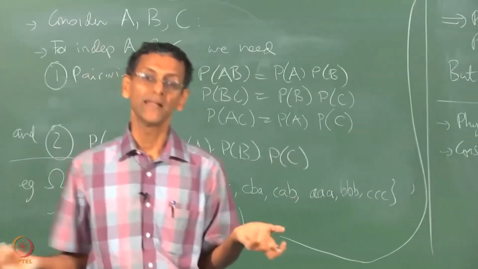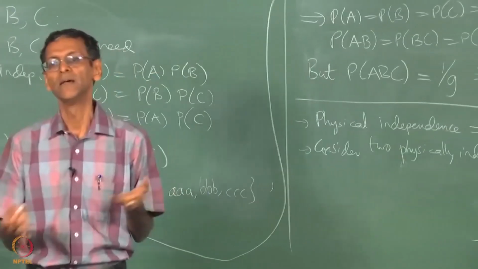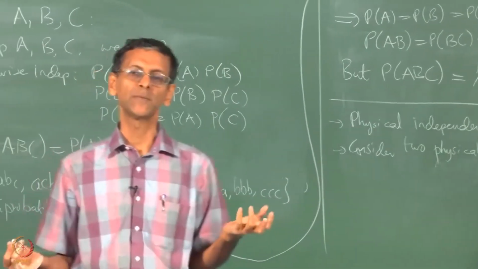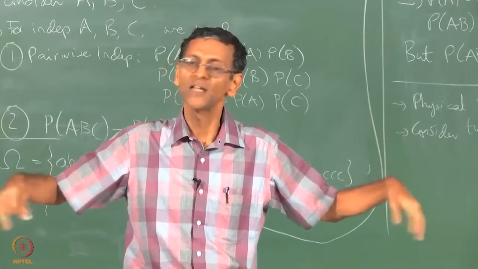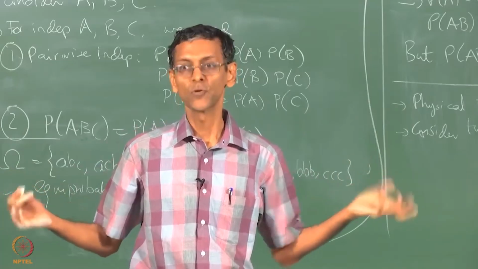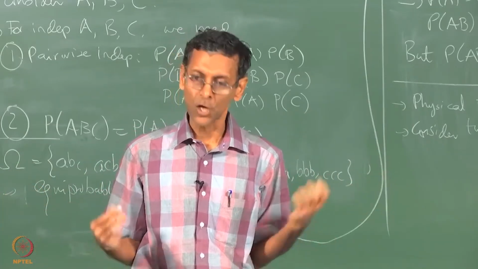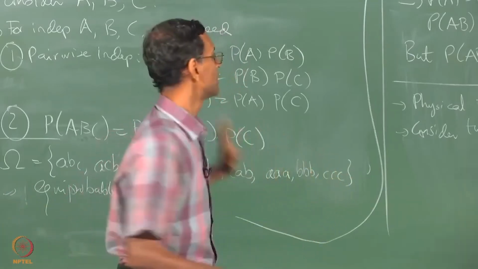So how do I combine them? Obviously the combined sample space. Each trial of the combined experiment means what? You have to do both the constituent experiments, otherwise you haven't completed the full trial. So when you talk of combined, you cannot just say I will do one and not do the other.